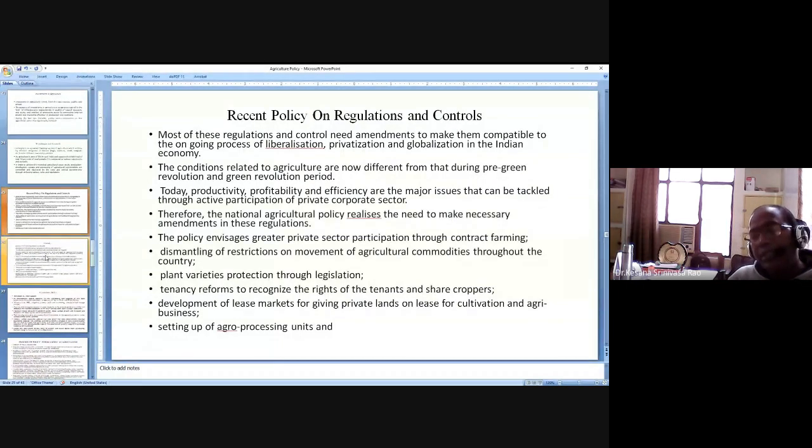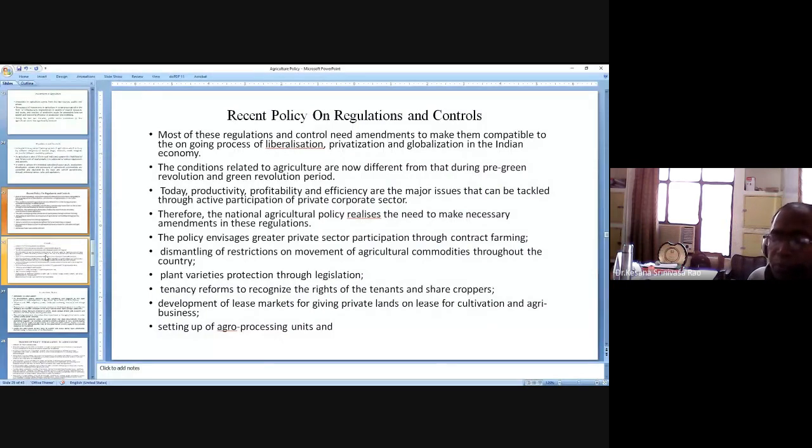After liberalization, privatization, and globalization, the conditions related to agriculture are now different from those during pre-green revolution and post-green revolution. We have already discussed. So these are the necessary amendments. The policy envisages greater private sector participation through contract farming.